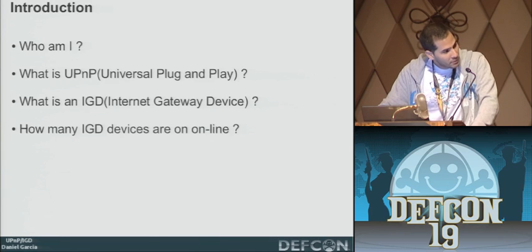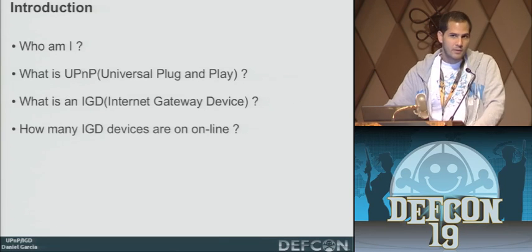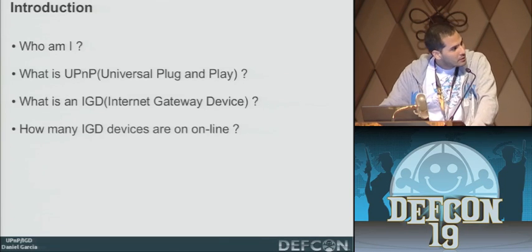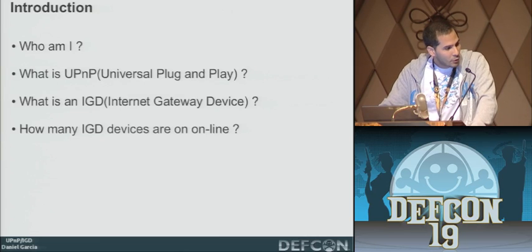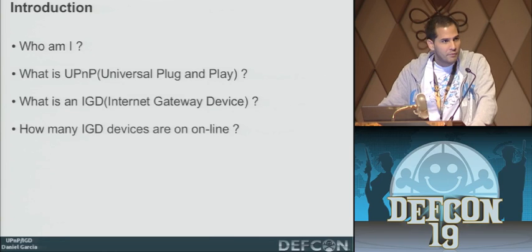We're going to talk about specifically IGDs, or the part of UPnP that works with networking devices. As you probably suspect, to make the network devices work seamlessly, you need NAT traversal. Raise your hands if you were in the Dan Kaminsky talk?